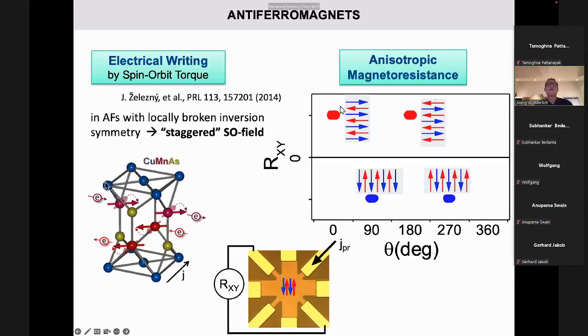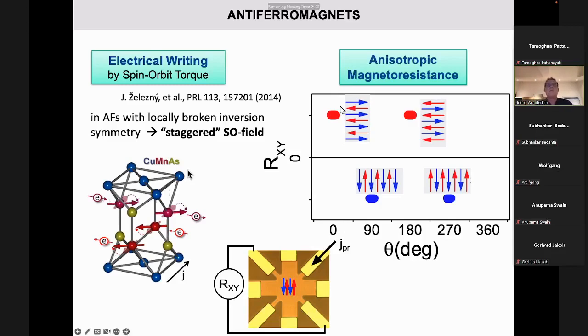How you can switch this magnetization? Here you use indeed this effect of coupling between orbital and spin angular momentum, and it is known in principle in a non-magnetic system as Edelstein effect. So if you have a system with a broken inversion symmetry, then you have effectively an electric field which translates in the rest frame of your electrons into a magnetic field, and the electron spin starts to precess around or to align to it.